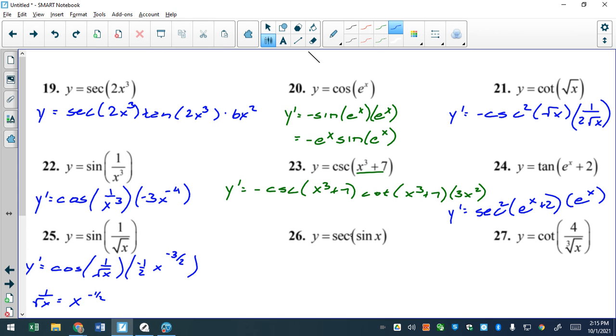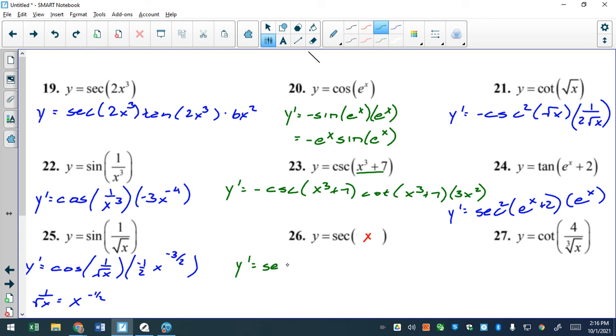26. Now 26 is a little bit weird looking, but that is a chain rule. Everything on this sheet's a chain rule, because that sine x is taking the place of what is normally just an x inside a secant. And the derivative of secant is secant tangent.